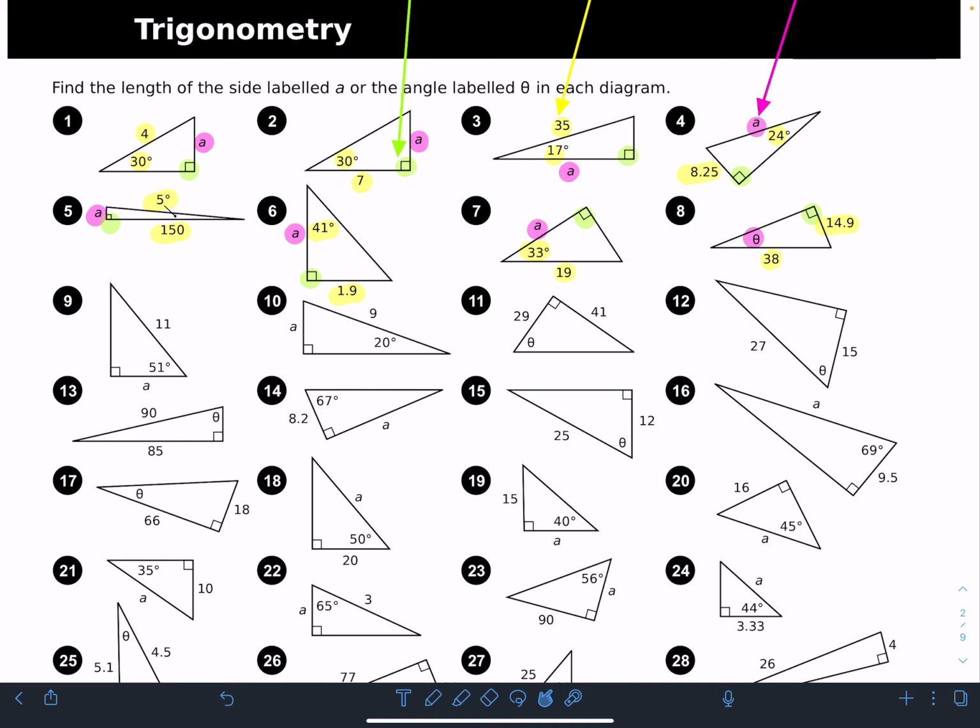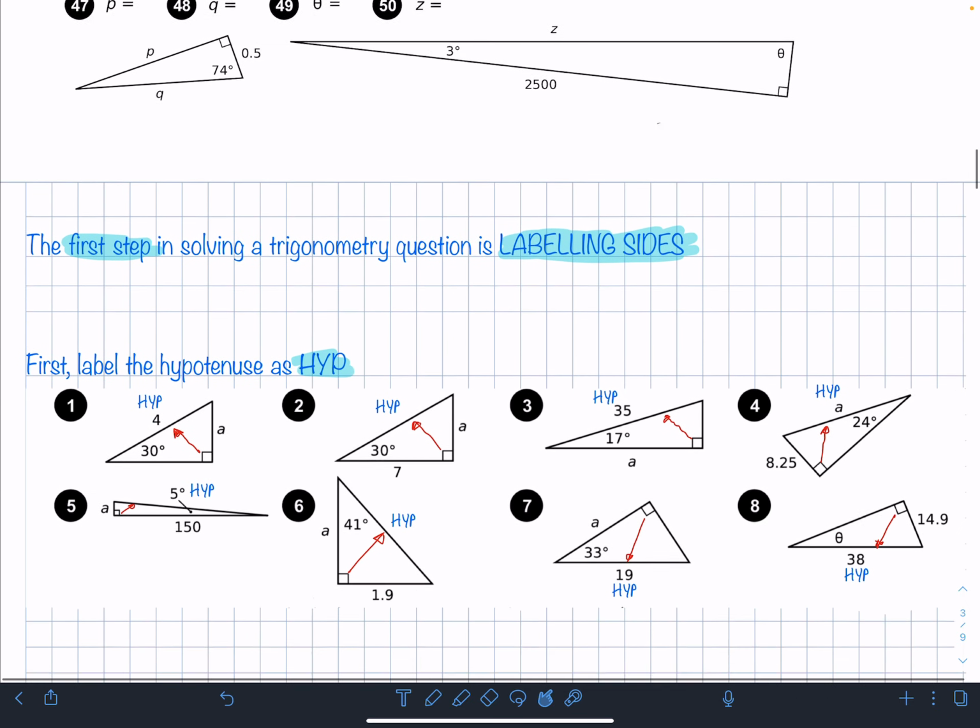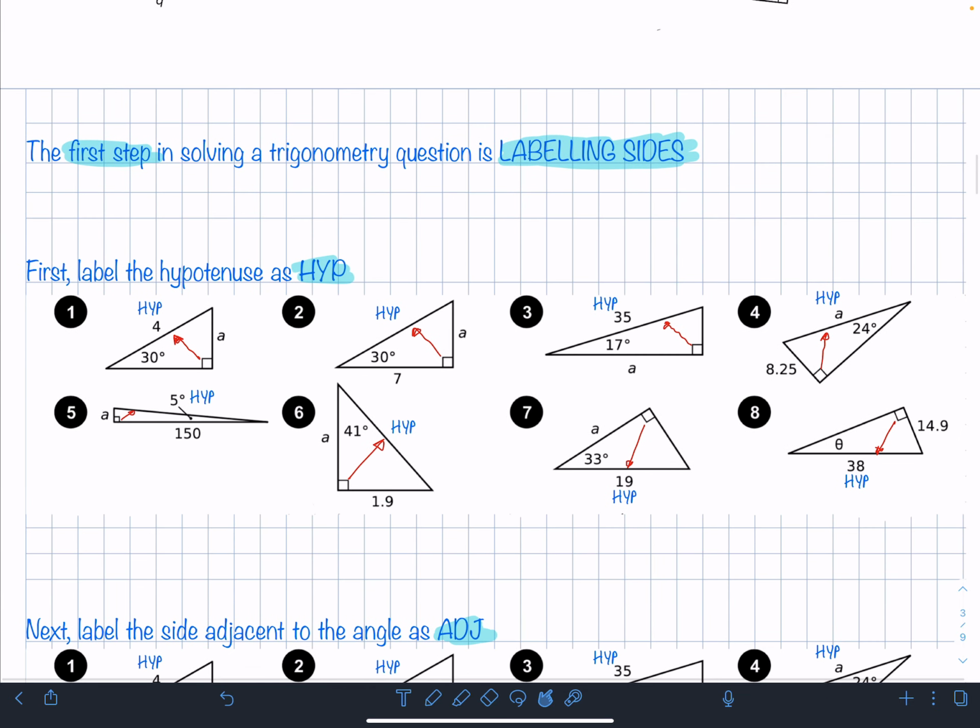Okay, when you get a trigonometry question, the first step that you need to do is you need to start to label the sides. And we will label the first side as hypotenuse. Okay, so we're going to do that first.